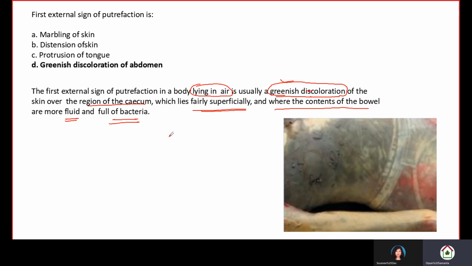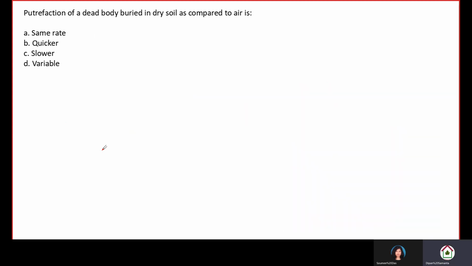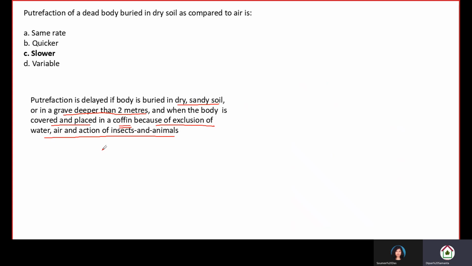Okay, because there is involvement of bacteria. The places where there is fluid and bacterial exposure, putrefaction will be easier.